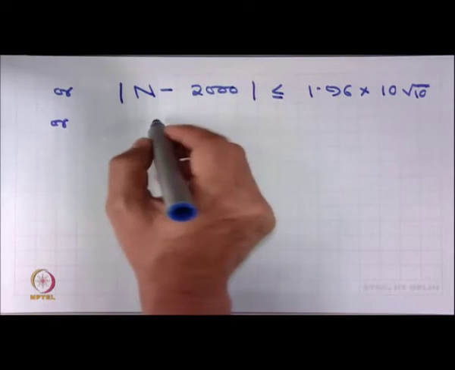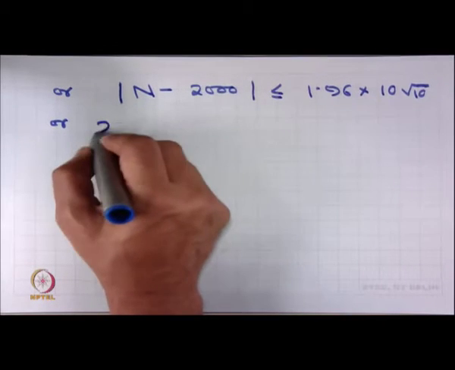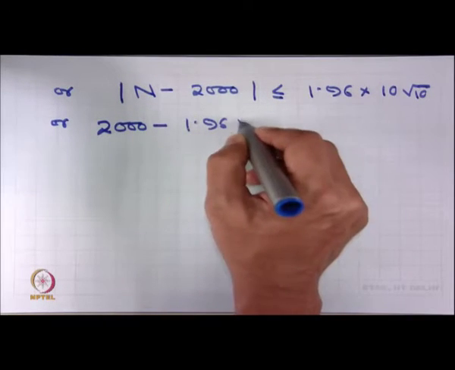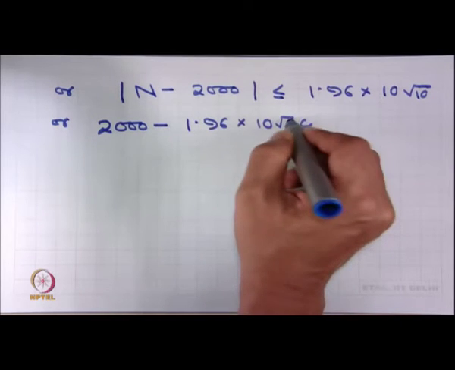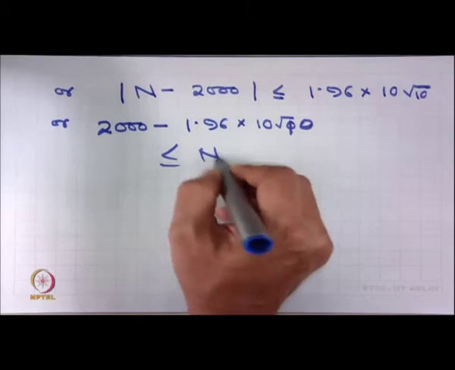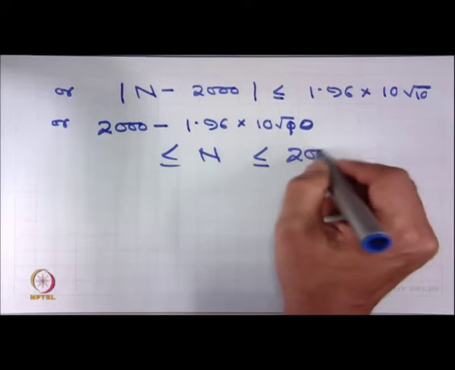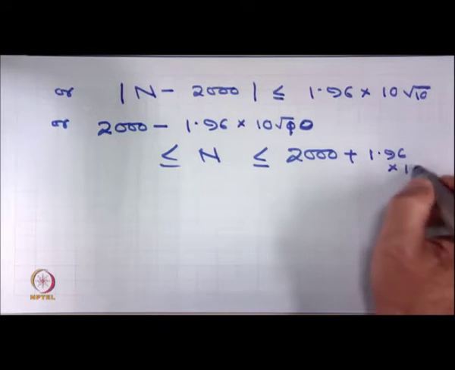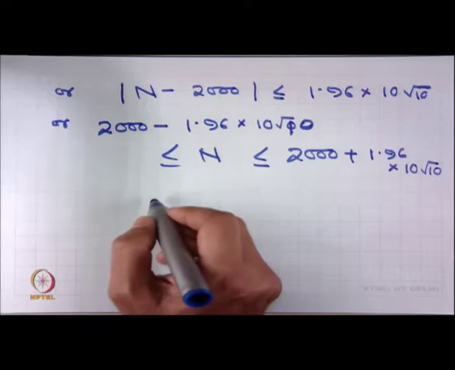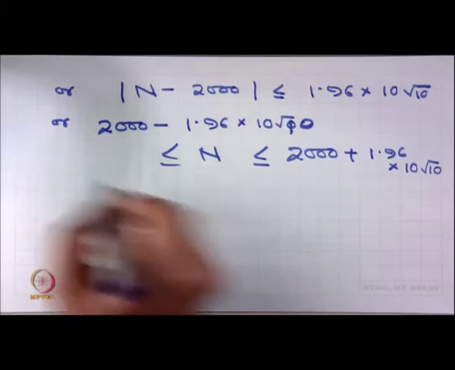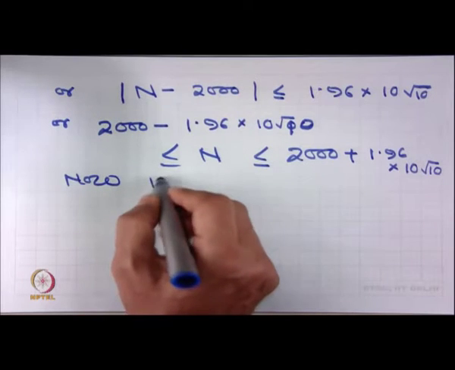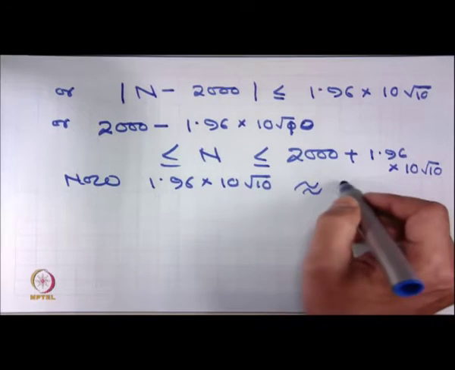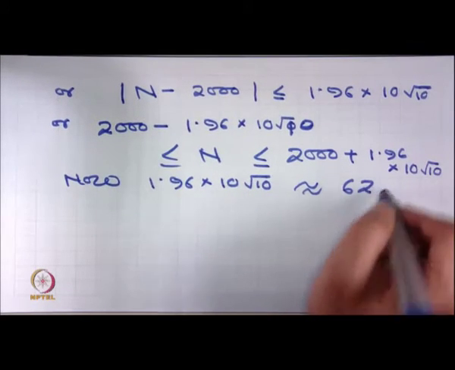or 2000 minus 1.96 into 10 root 10 has to be less than or equal to n, less than or equal to 2000 plus 1.96 into 10 root 10. Now, 1.96 into 10 root 10 is approximately 62.